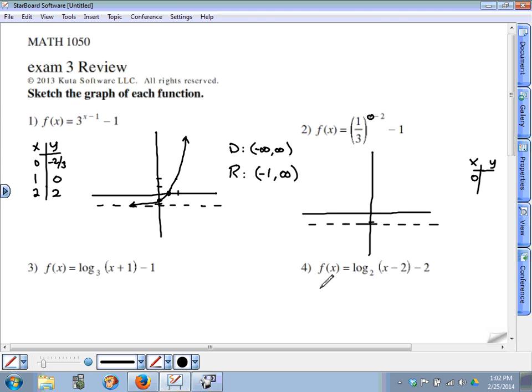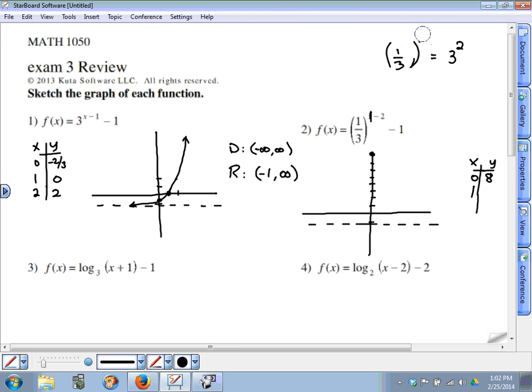Place a 0 in there for x. 0 minus 2 is -2. 1/3 to the -2 is the same as 3 squared, so that's 9. 9 minus 1 is 8. So 0, 8.